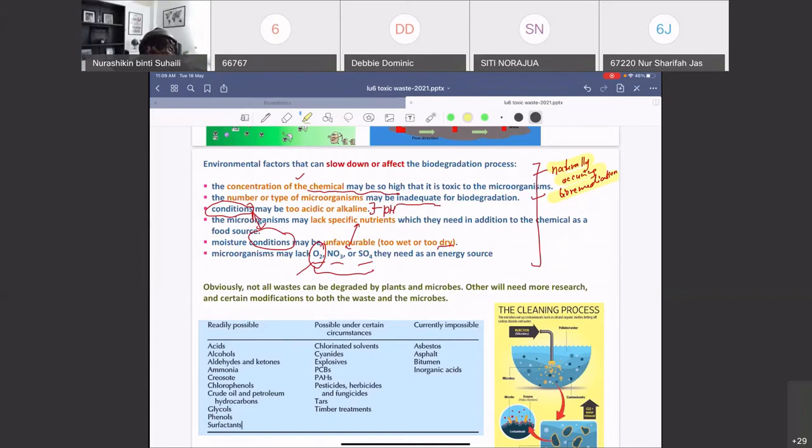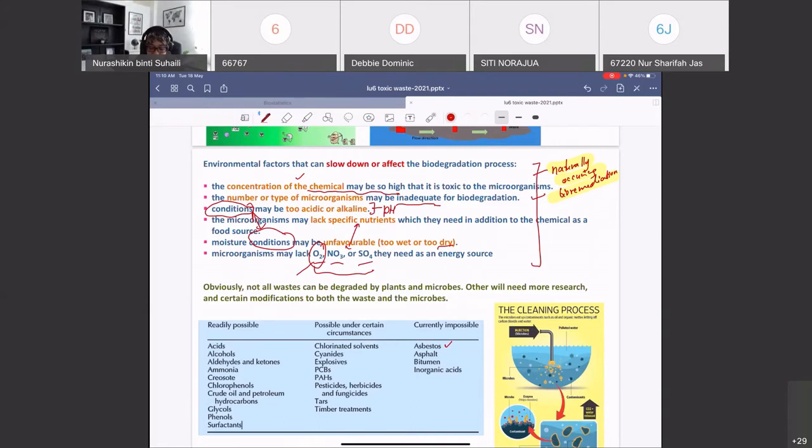I think I've mentioned the degradation of cyanide and some of these toxic compounds in the slides before. I think this is quite old information. For asbestos, there is a research done. Actually, some of the information, let's say from 2021, some of the compounds might not be degradable.